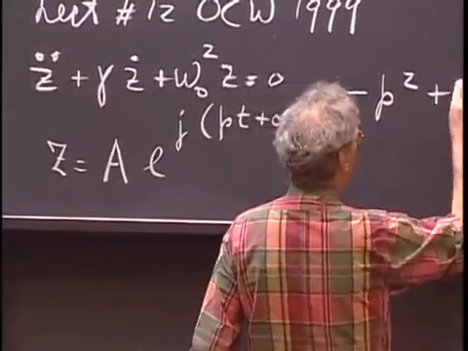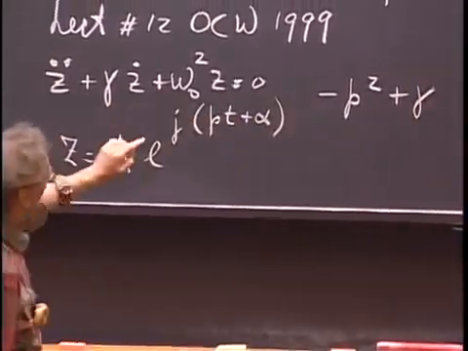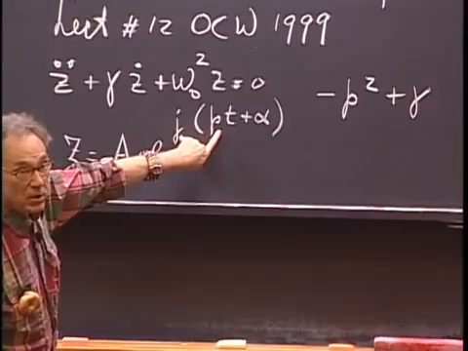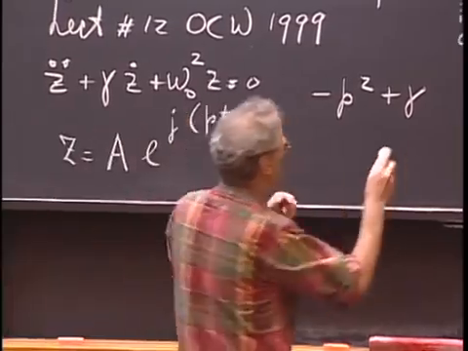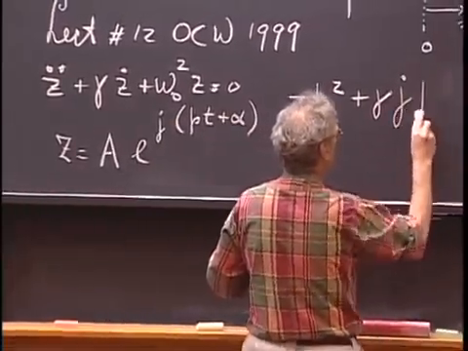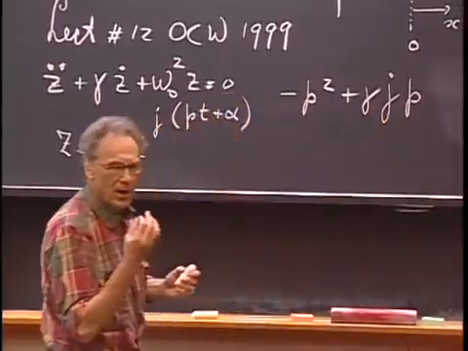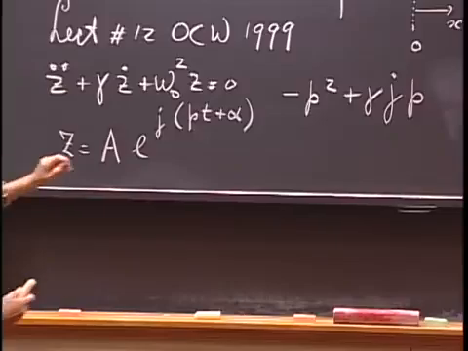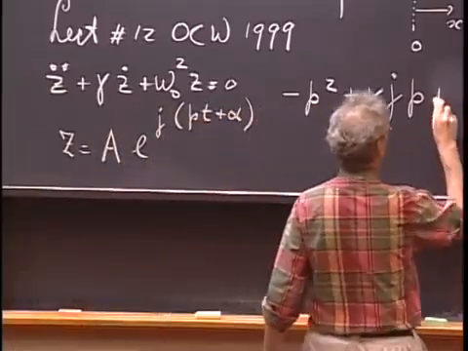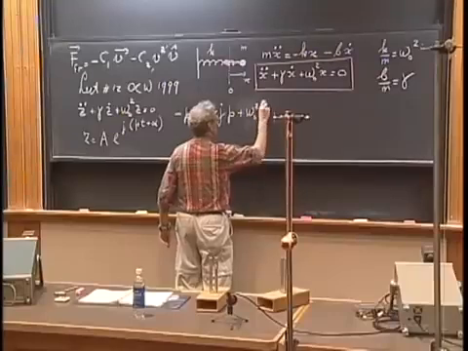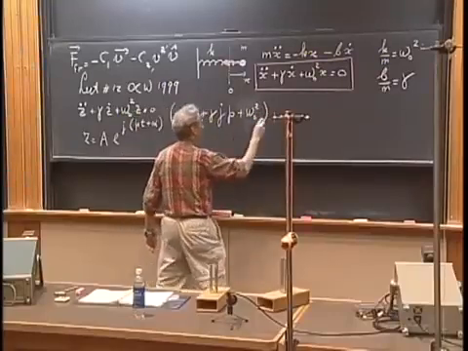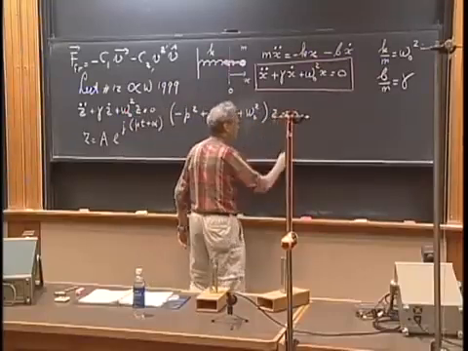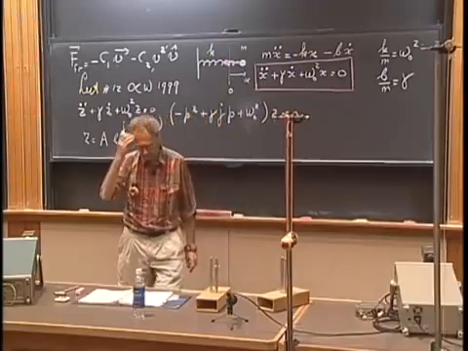Then I have plus gamma, and what pops out is jp, because it's only the first derivative. You have to be very careful that you can distinguish your j's from your gammas. And then you get plus omega 0 squared, and the whole thing times z, and that now must be equal to 0.